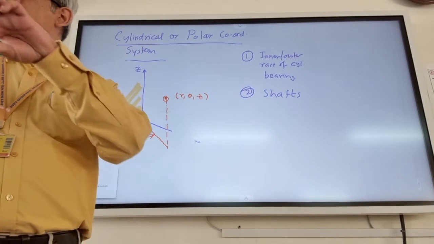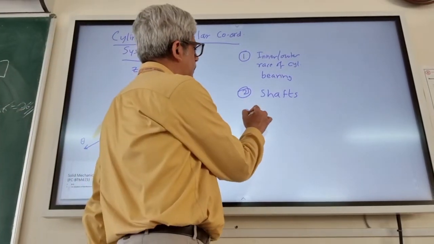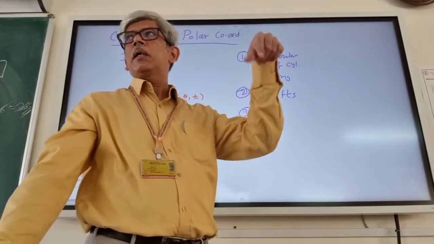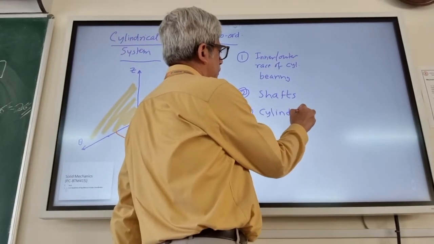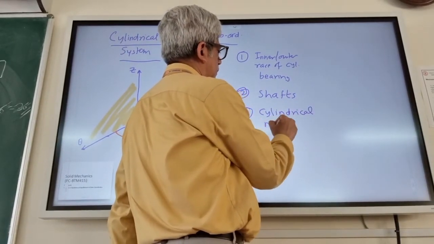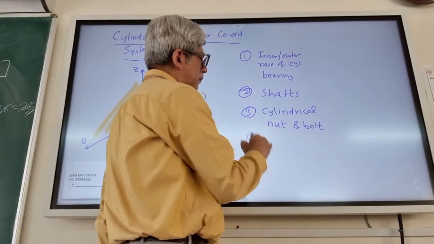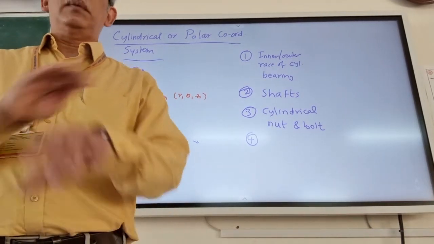Okay, assuming that nuts have a cylindrical shape, so cylindrical nut and bolt, and you have to ignore the threads because a thread has a spiral shape. Okay, there will be many more components. Can you think of something more?